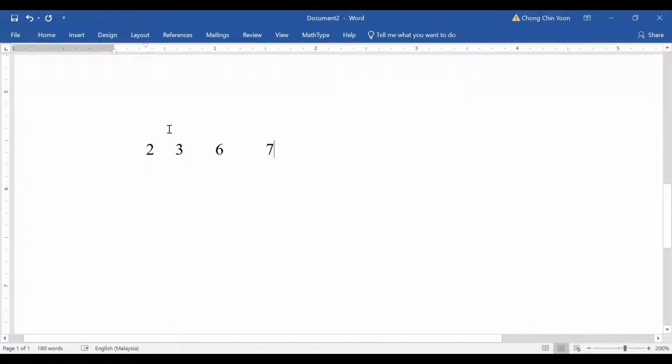So that means your n, the number of observations, is 4. You have 4 data, right?